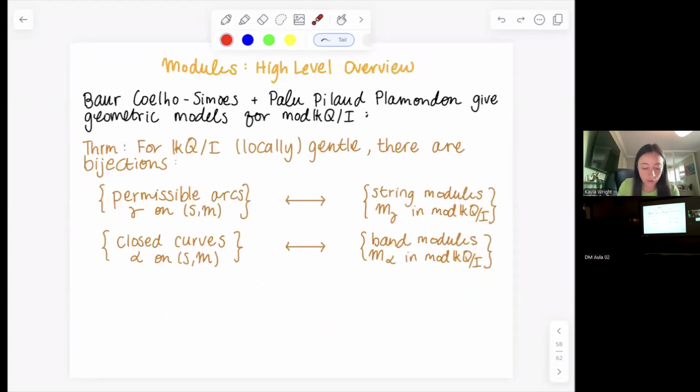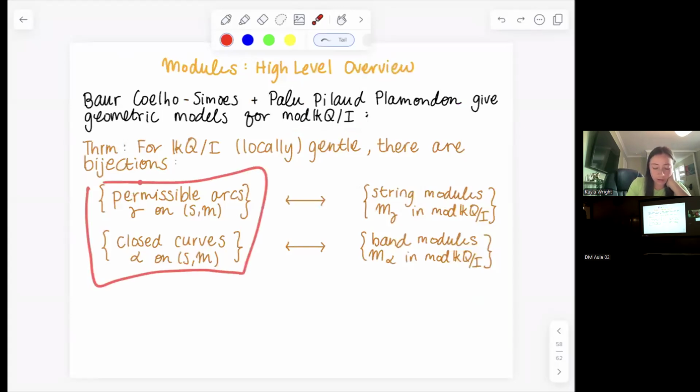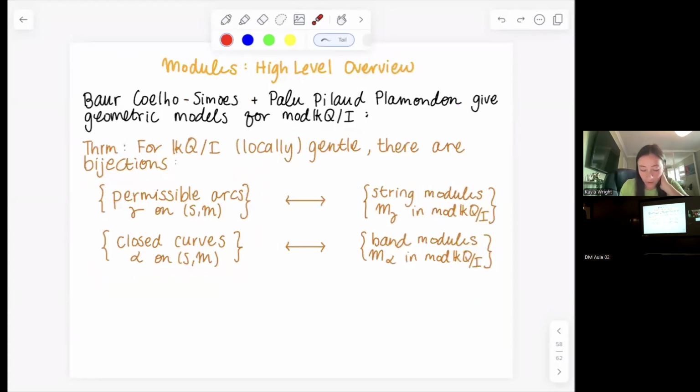Okay, so this is a construction by Bauer, Kohea, Samoas, along with Palou, Ploud, and Plamondon. They give geometric models for the module categories for KQ mod I. So if you have a locally gentle path algebra, there are bijections between topological objects and these algebraic objects.